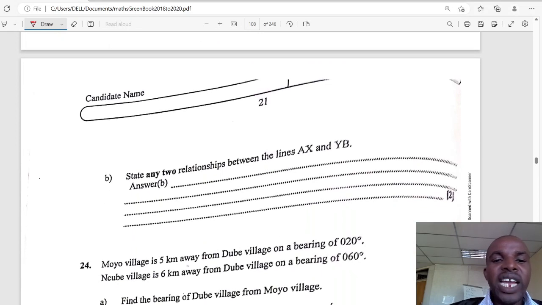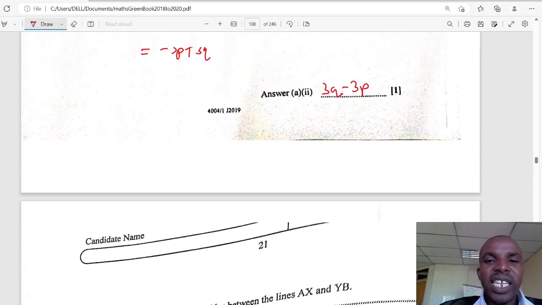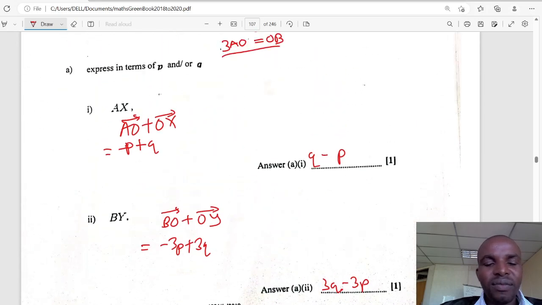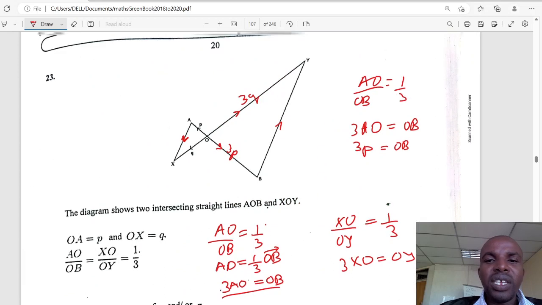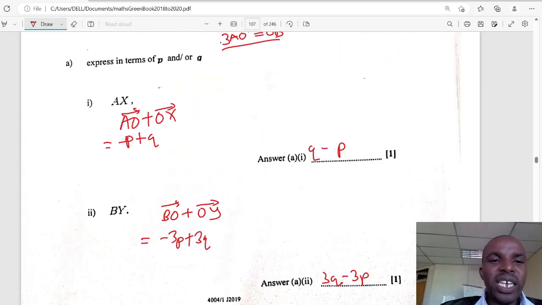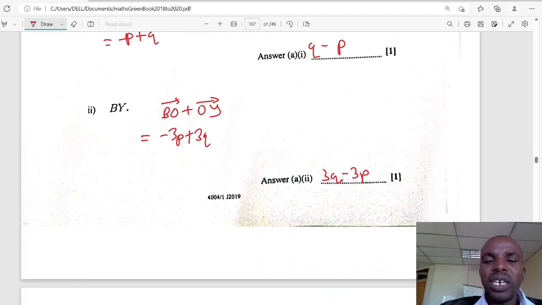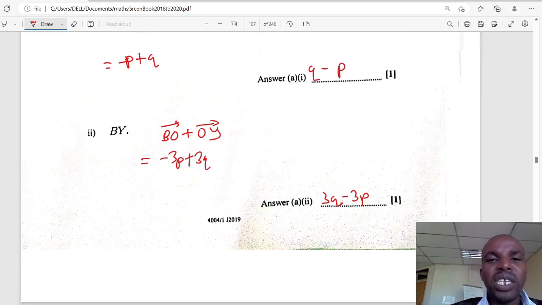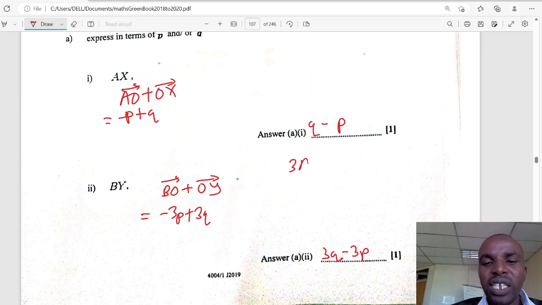state any two relationships between the lines AX and YB. Let's check here. What is our AX? It is Q minus P. YB, if you check this part, if you multiply this one, AX, by 3, we can get YB or BY.